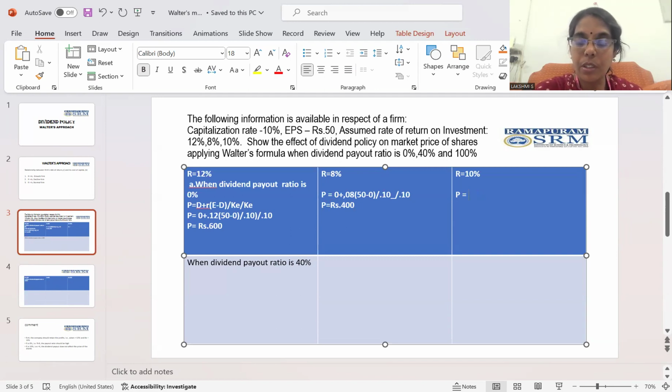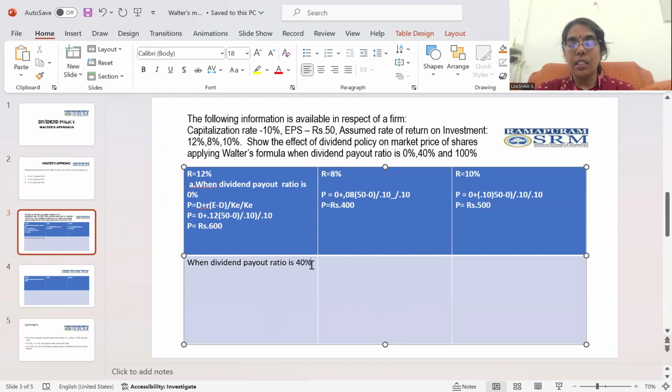Here D, the dividend, is 0, plus R, which is 0.10, into E, that is 50, minus the dividend 0, divided by the rate of return 0.10, and the overall division by 0.10. So the price per share equals rupees 500.